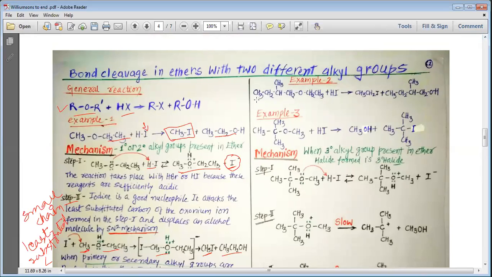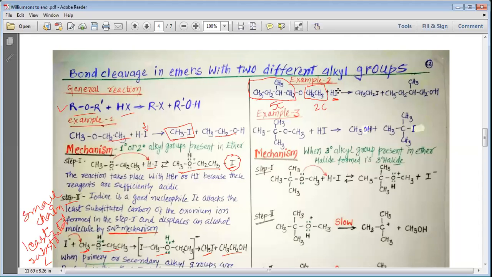You can see here, my dear students, that this ether has two alkyl groups. This one has two carbons. This one has one, two, three, four, five carbons. So this is more substituted, this is less substituted. It reacts with HI.